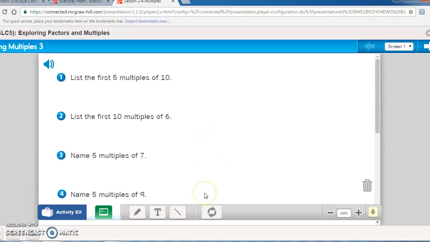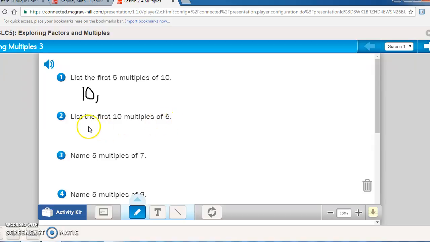So list the first 10 multiples of the first, 5 multiples of the number 10. So your first multiple is always the number they ask. So your first multiple of 10, 1 times 10 is 10. That's my first multiple. List the first 10 multiples of 6.